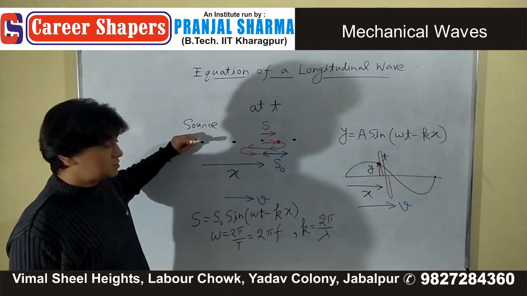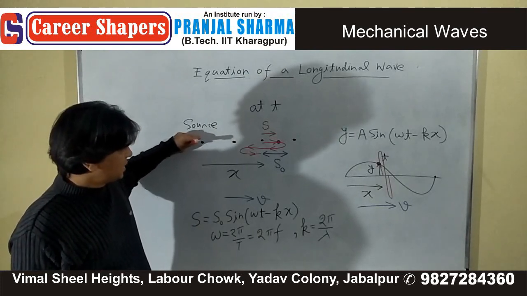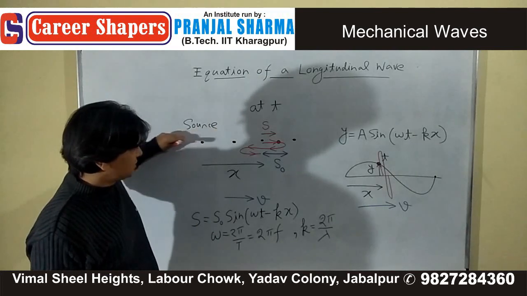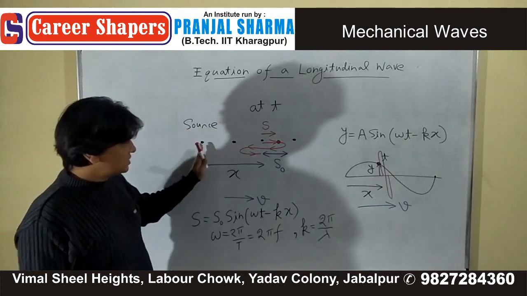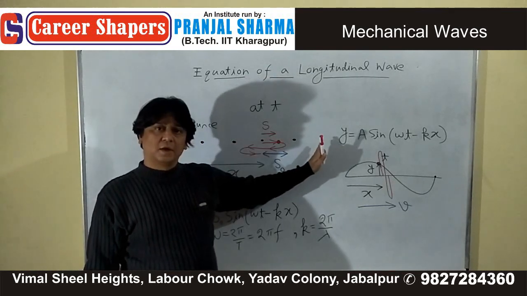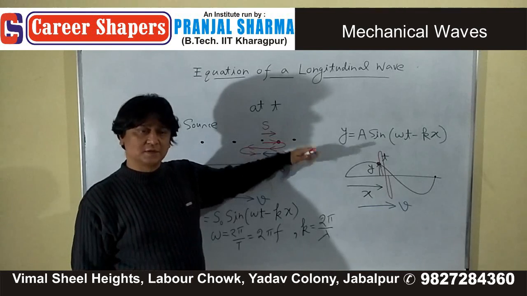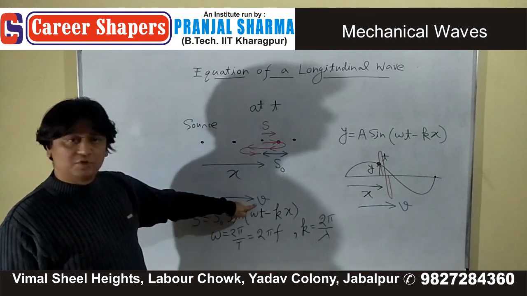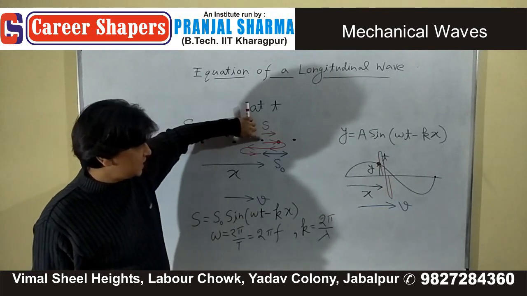This is the source, and everything is known about the source. It is oscillating in this direction, and this information is transferred by the wave along the x-axis at this rate v.